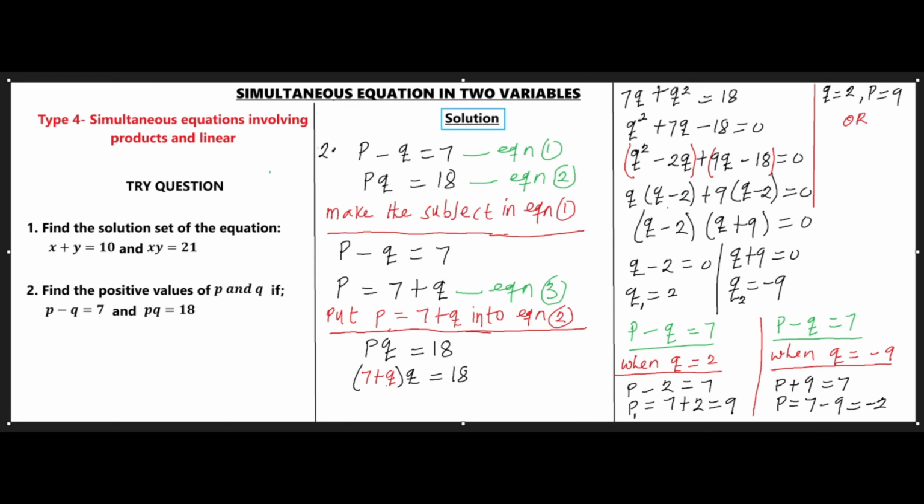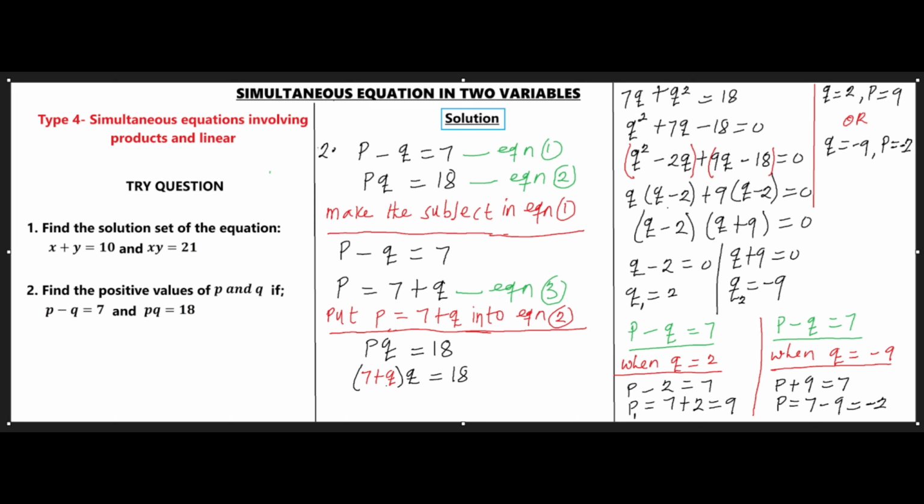And the other one, when q was minus 9, we had p as minus 2. But we are looking for the positive values of p and q.